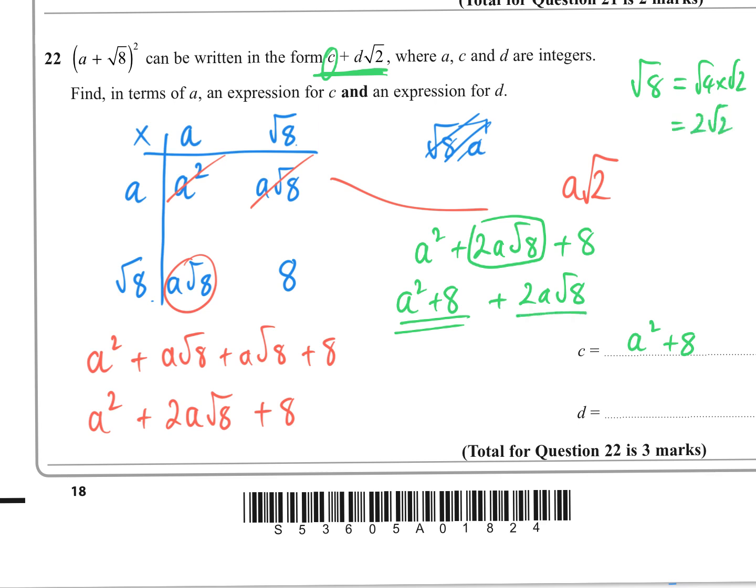So 2a root 8 would be 2a times 2 root 2, and 2 times 2 is 4, so that would be 4a root 2. So we want the value of d, so d must be 4a because it's d times root 2. So there we go. c is a squared plus 8 and d is 4a.